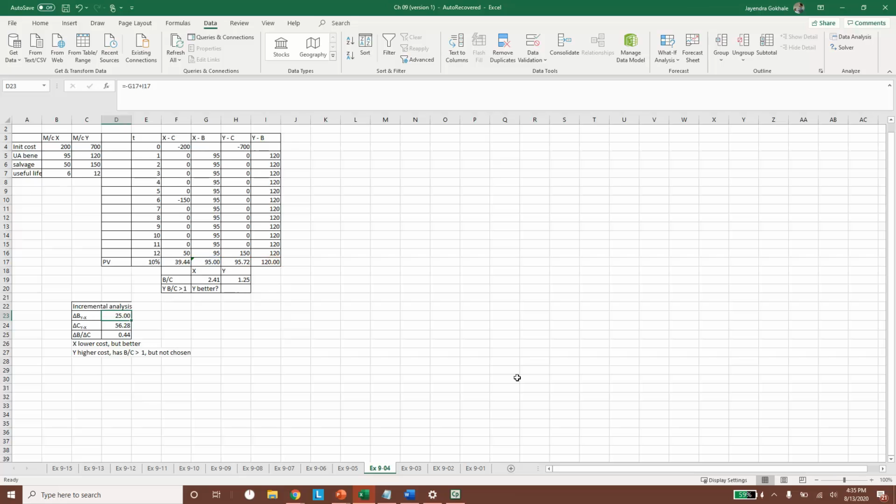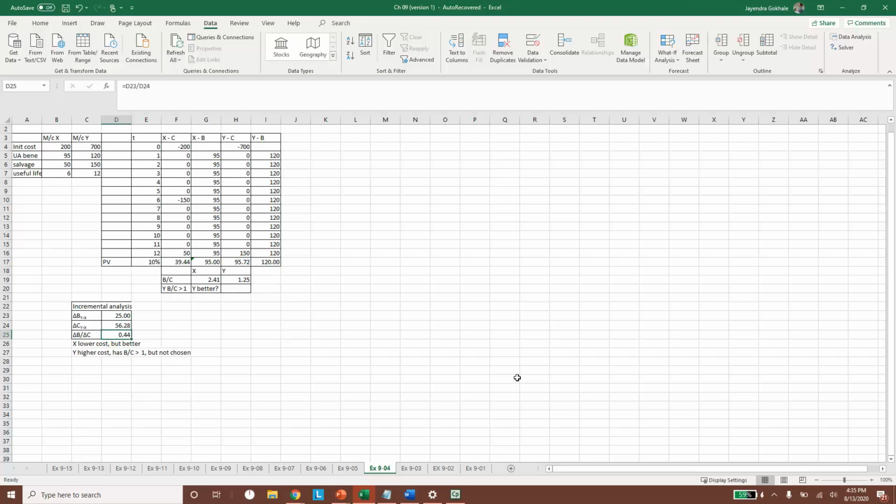So 120 minus 95 is 25. Similarly, 95.72 minus 39.44 is 56 point something, 0.28. Right. So that's the change, EUAC of Y minus EUAC of X.